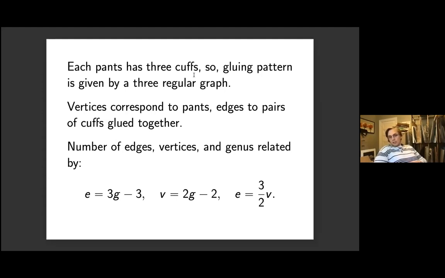You can calculate any one from any other one. The main point I want to make is that as the number of edges goes to infinity, the number of vertices goes to infinity, and the genus goes to infinity. So there's no competition over what large means. Lots of edges is the same as lots of vertices, and that's the same as lots of genus.